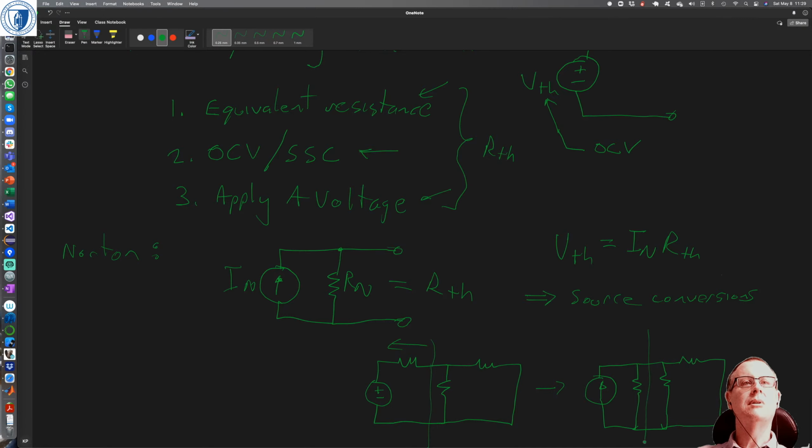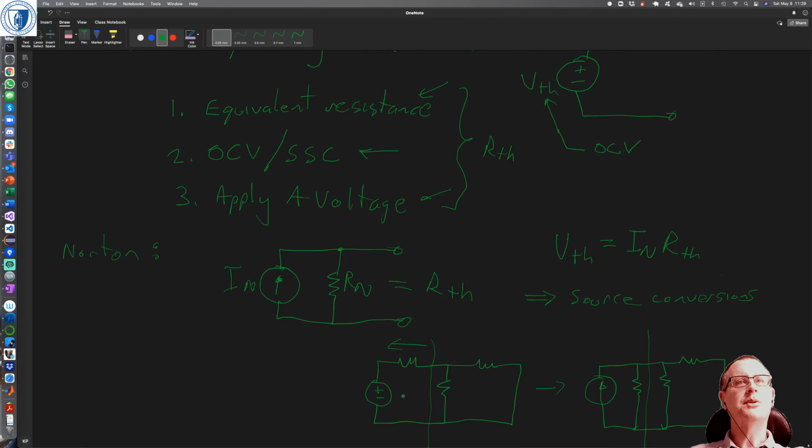Right, so I've replaced my Thevenin voltage source and series resistance with a current source and a parallel resistance, the same parallel resistance. And sometimes that makes the circuit a little easier to analyze if you can do that.